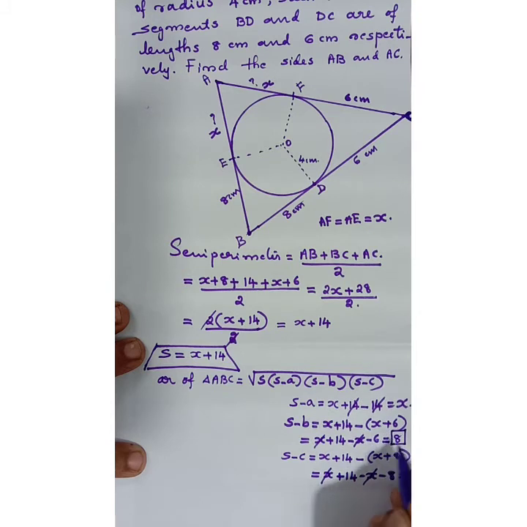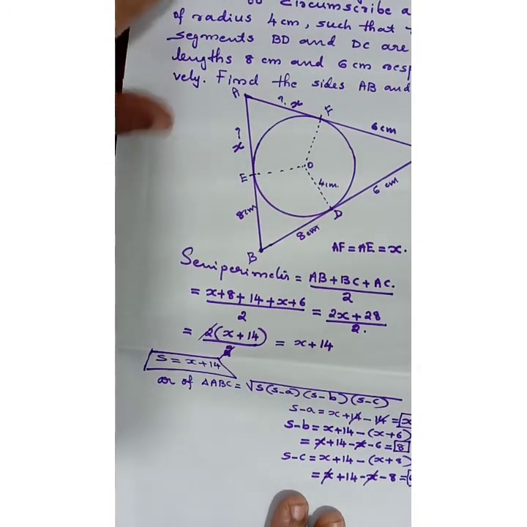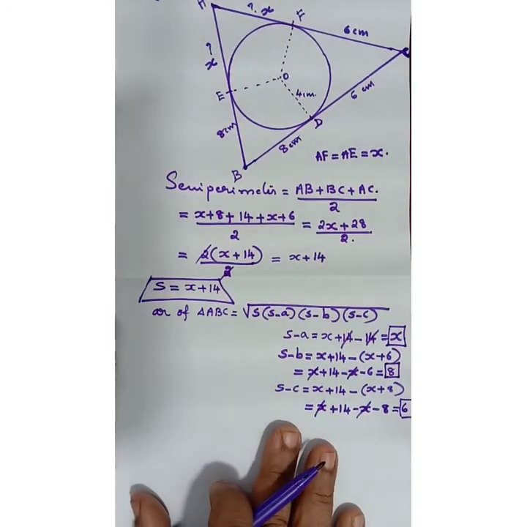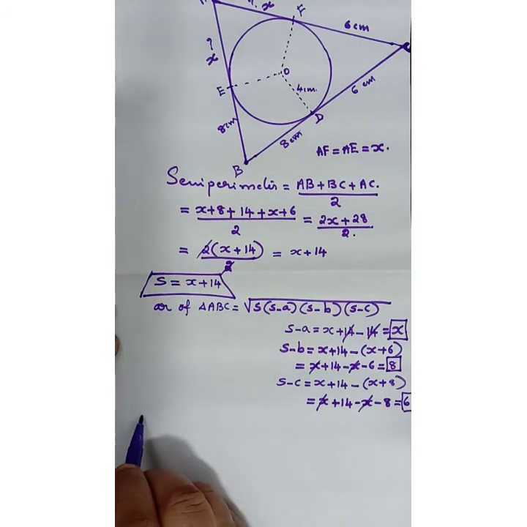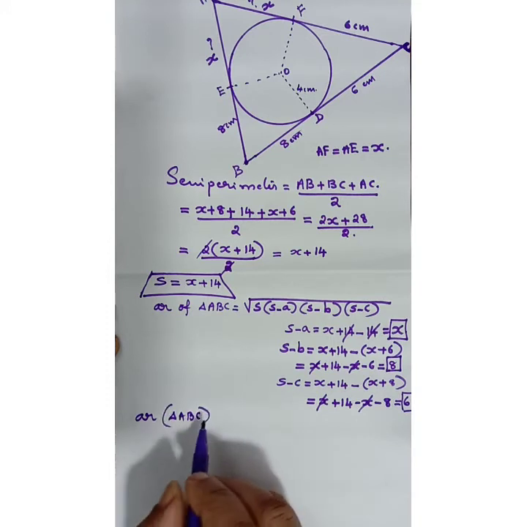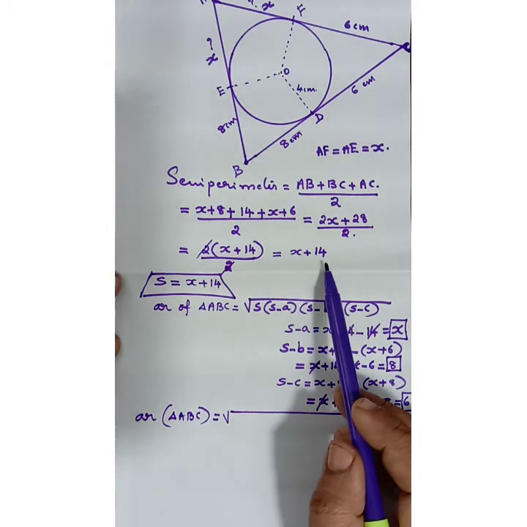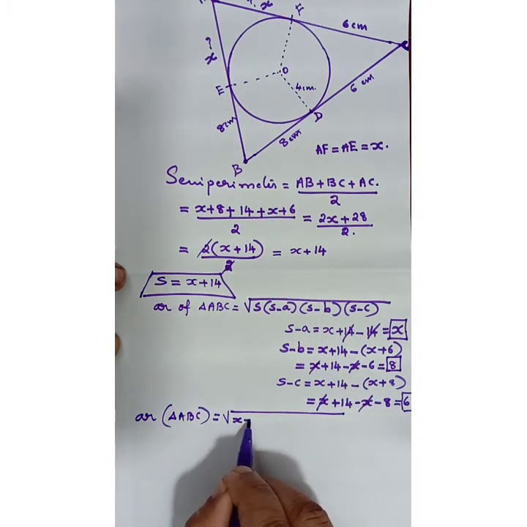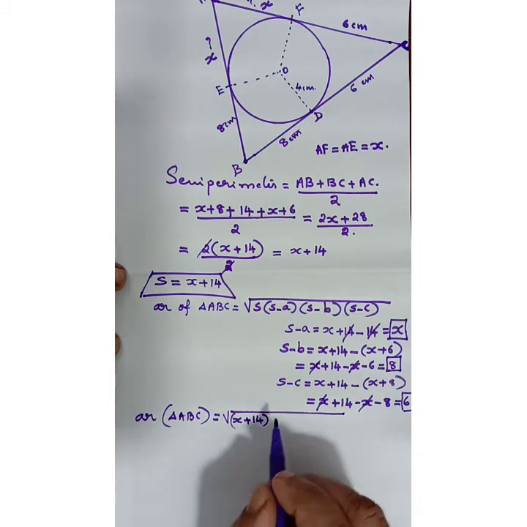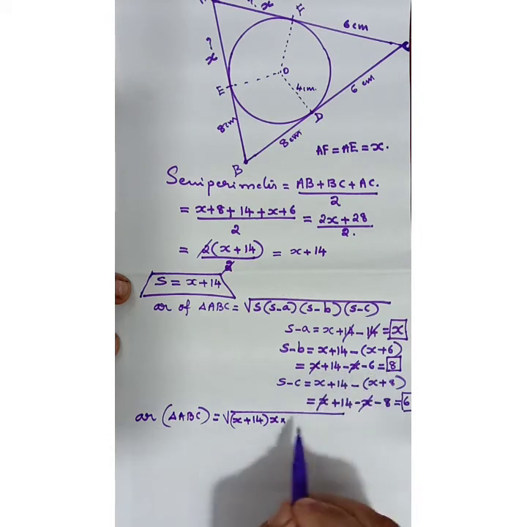So these values are important. S minus A, S minus B, S minus C we got. We are going to substitute them in the formula to find the area of triangle ABC. That is the area of triangle ABC equals the square root of S, which we found to be X plus 14, into S minus A, which is X, into S minus B, which is 8, into S minus C, which is 6.